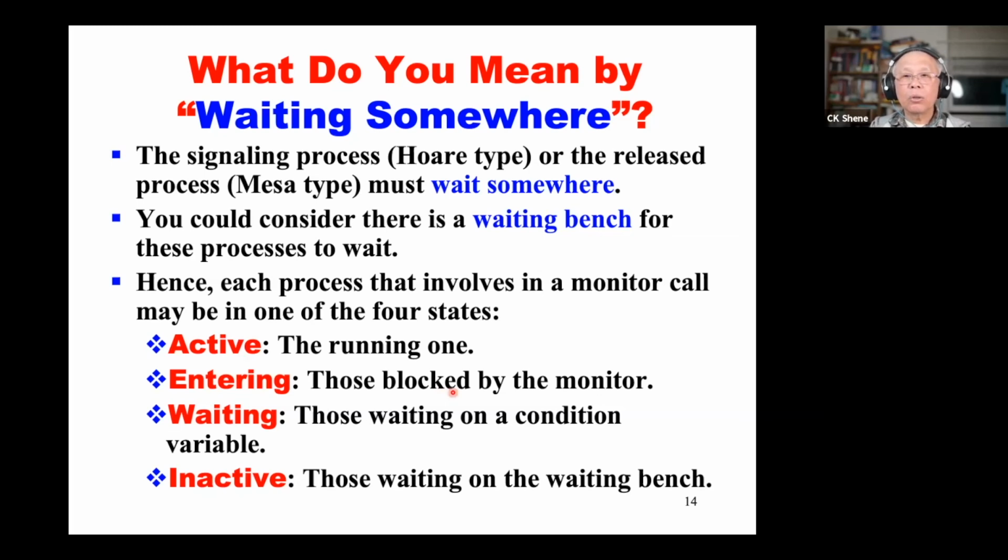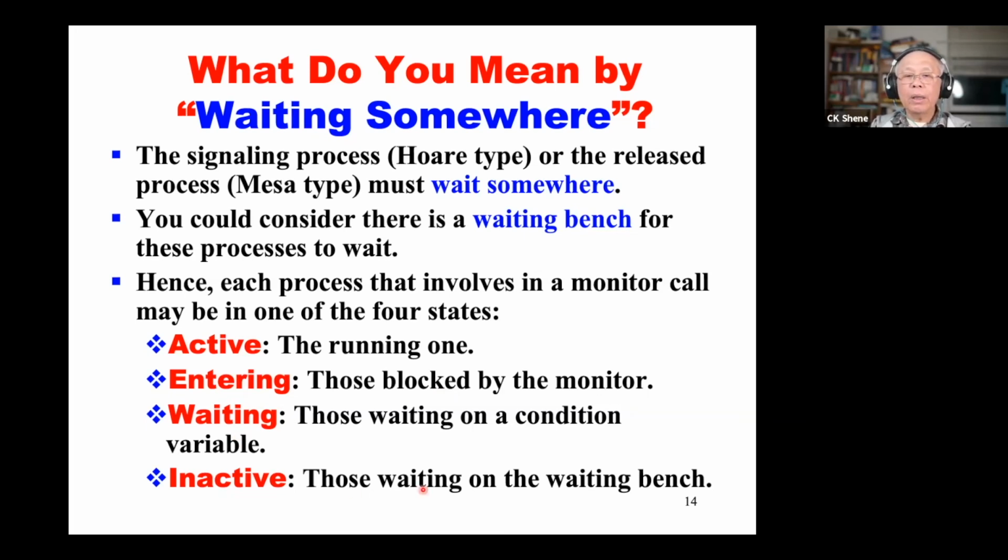It calls the monitor procedure, but someone is already inside the monitor, so that process is blocked outside of the monitor. So this is entering. The third state is waiting. This means those processes are waiting on a condition variable. And the last one, inactive.